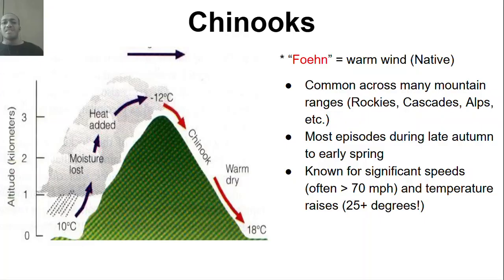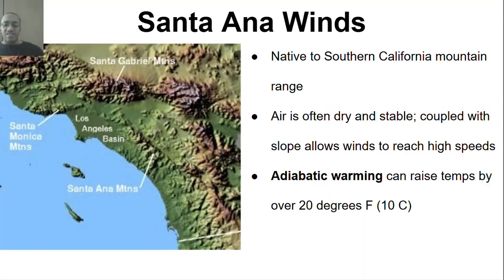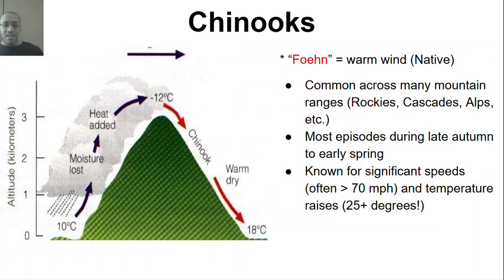Often the best environment for Chinooks occurs in the late autumn to early spring, where temperatures cool down and there is a broader range of temperatures for that temperature gradient and chances of precipitation to help create those strong winds.